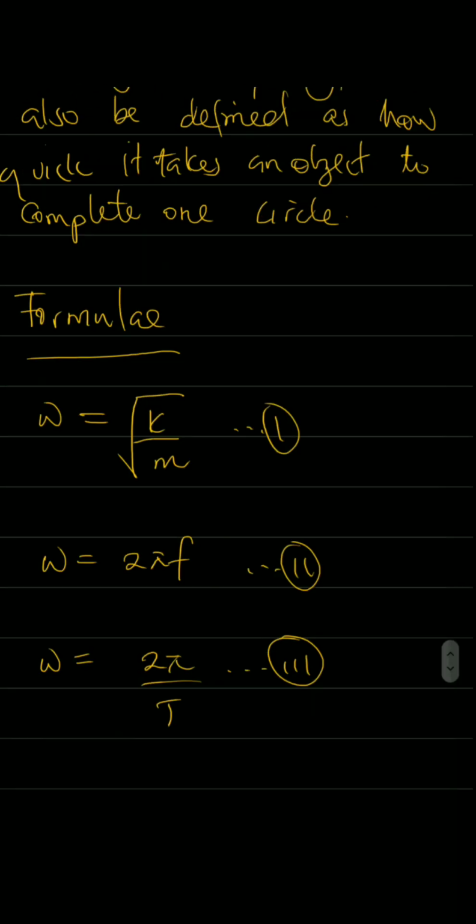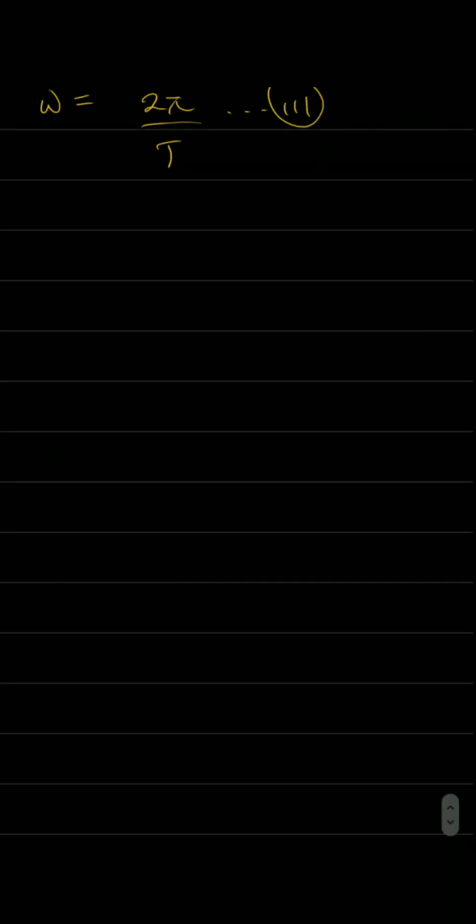So the next component we're looking at is simply the period, since we've looked at the amplitude and the angular frequency. So period is simply the time. Now time in this case is simply abbreviated by a capital T. So this is simply the time that an object takes to complete one full circle.